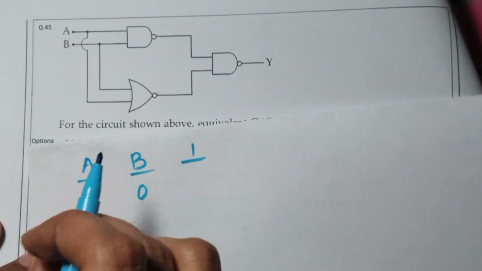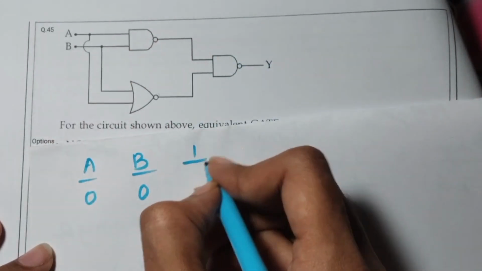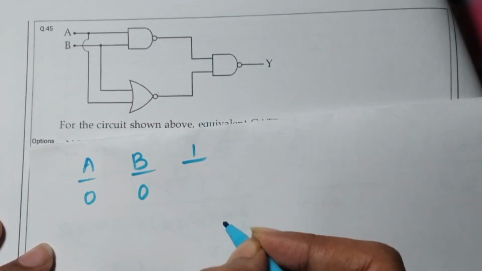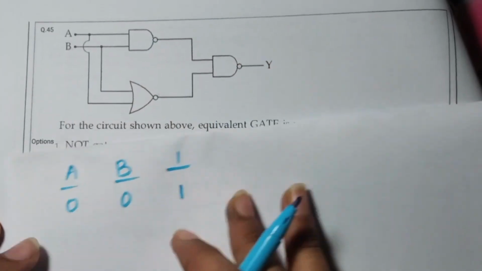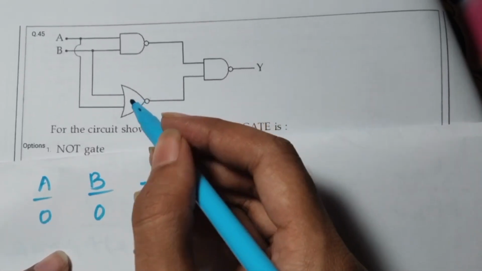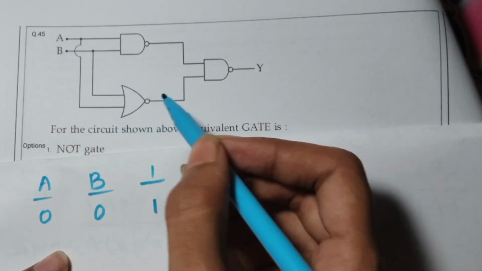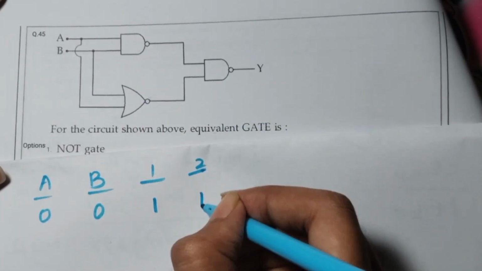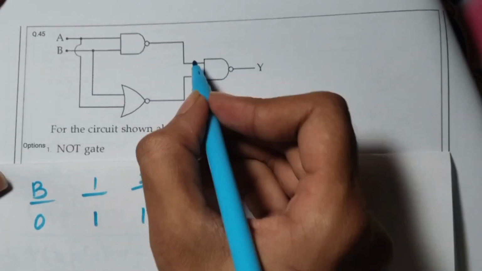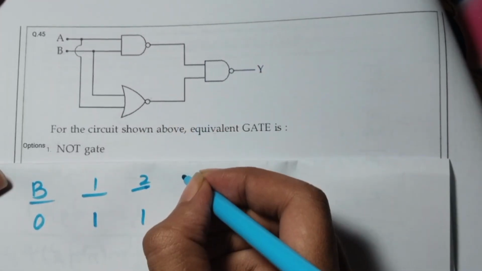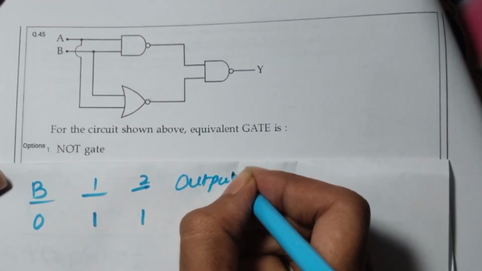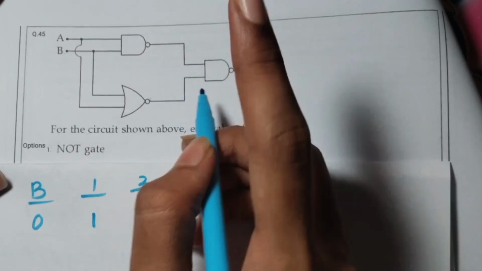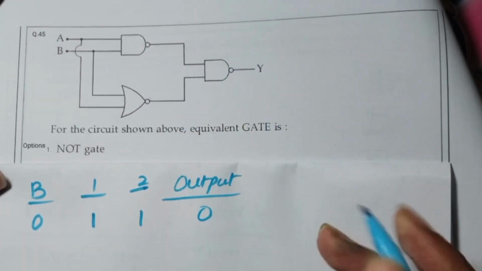So 0 and 0 for this NAND gate will give 1, and for the other NAND gate also 0 and 0 will give 1. OR gate actually should give 0, but this is NOR gate, it will give 1, and these 1 and 1 will go to another NAND gate which is giving us the final output. 1 and 1 should give 1, but this is NAND, so it will give 0.